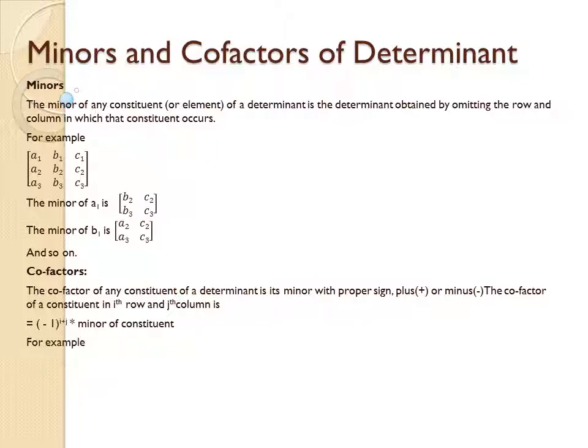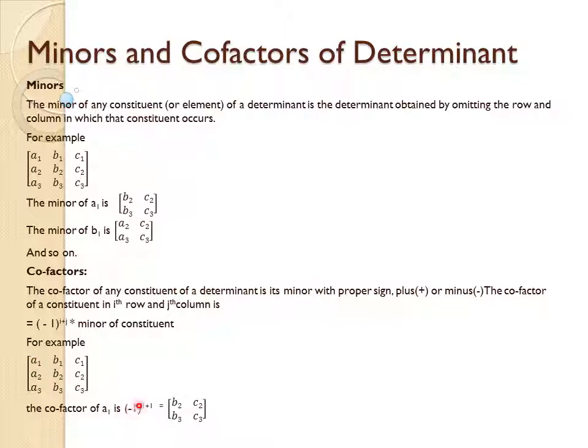So let's take an example, then it will be clear. Let's say there is a 3 cross 3 matrix A with rows A1 B1 C1, A2 B2 C2 and A3 B3 C3. Here the cofactor of A1 means first row and first column, okay. So i means 1 and j means 1.